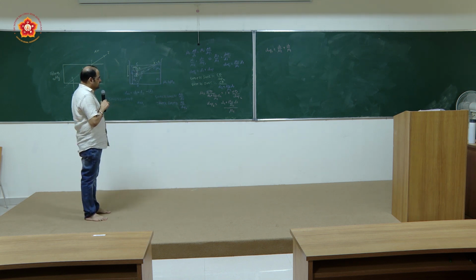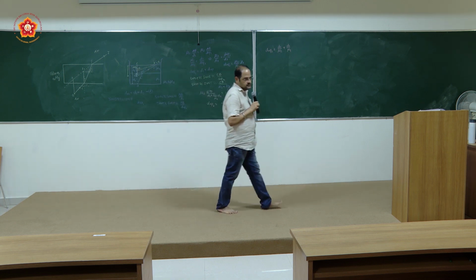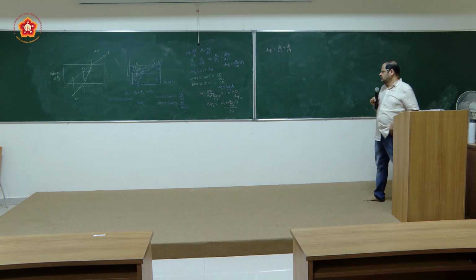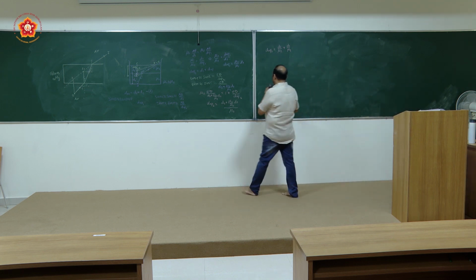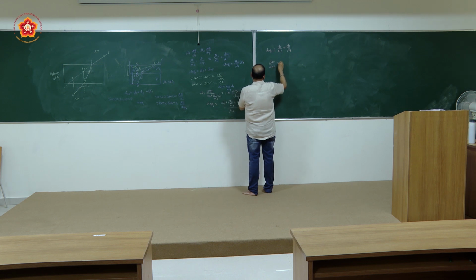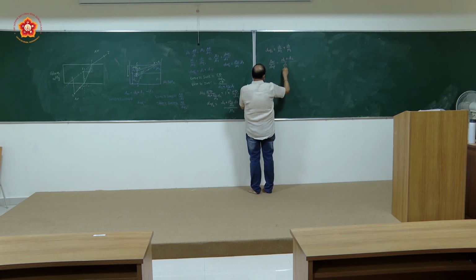So what will be D actual upon D apparent? You will be able to write down D actual upon D apparent. That ratio will be taken as D1 plus D2, that is the D actual, divided by D1 upon mu1 plus D2 upon mu2.